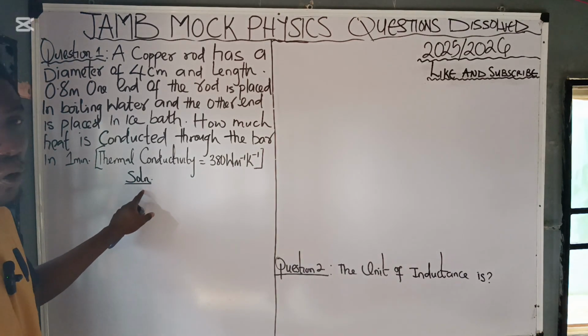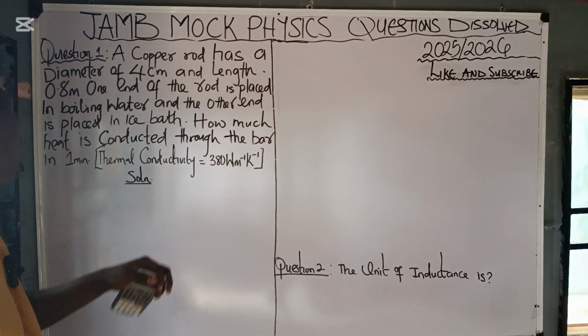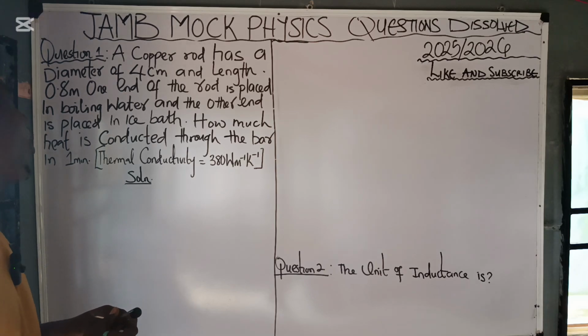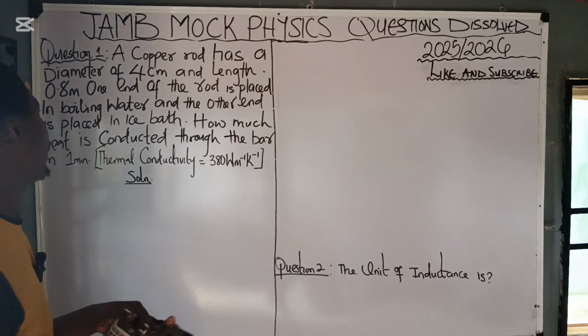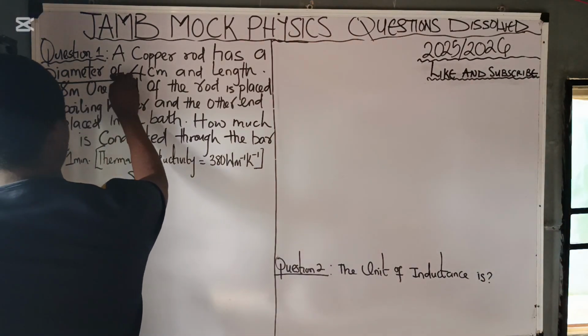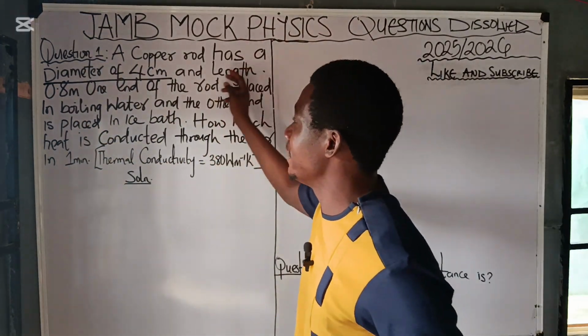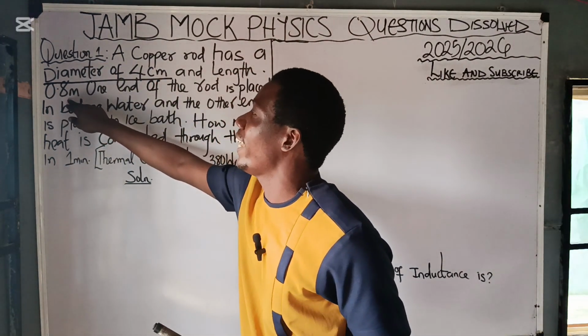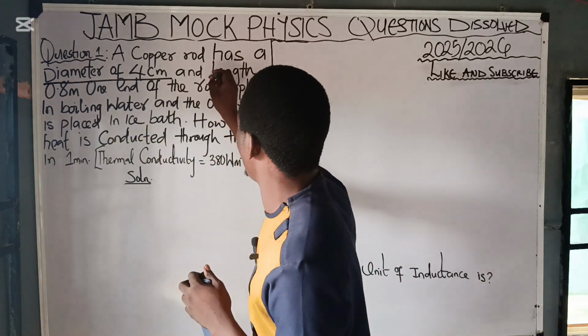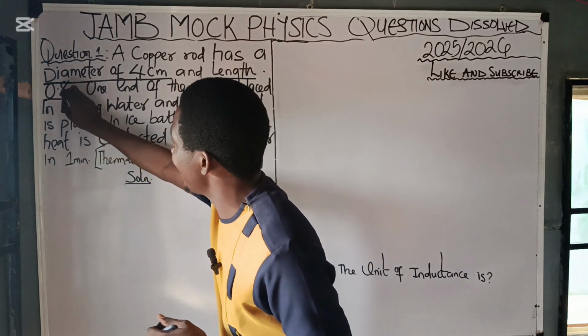The first question on the board says that a copper rod has a diameter of 4 centimeters. That's the diameter of the copper rod, and length 0.8 meter. The length of the copper rod is 0.8 meter.